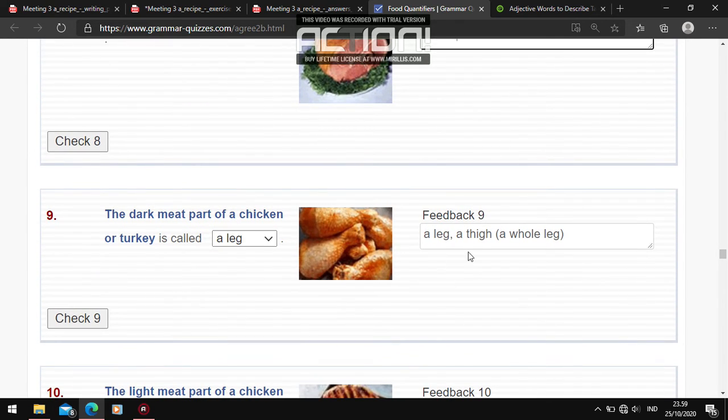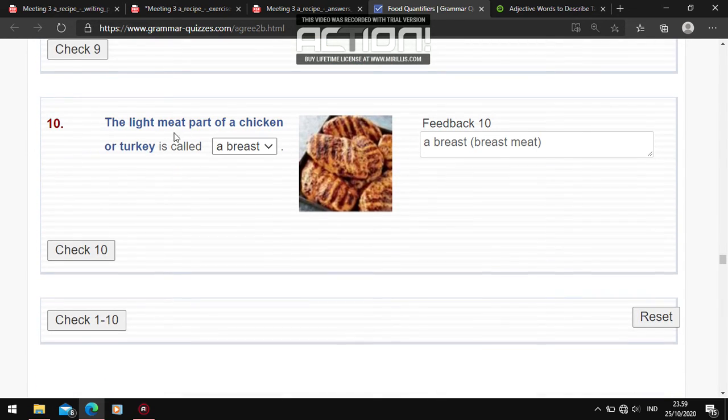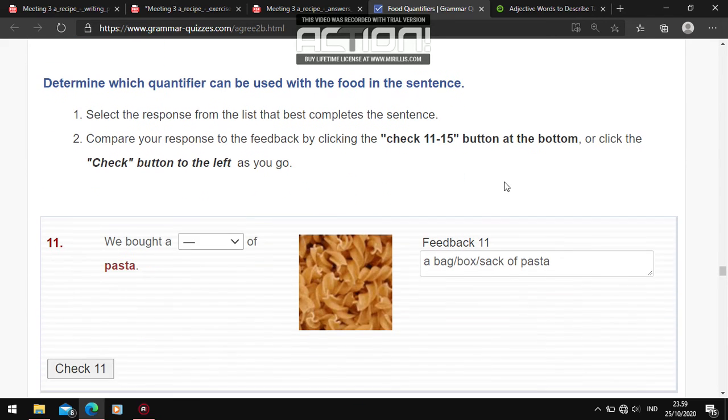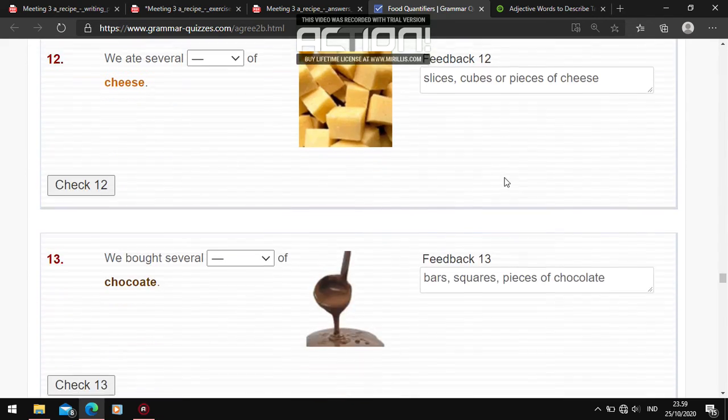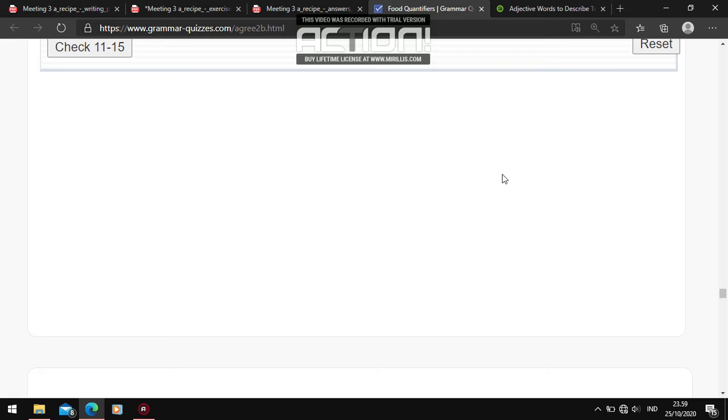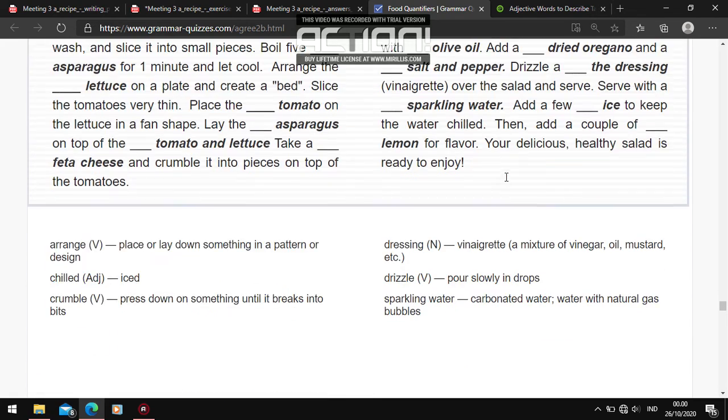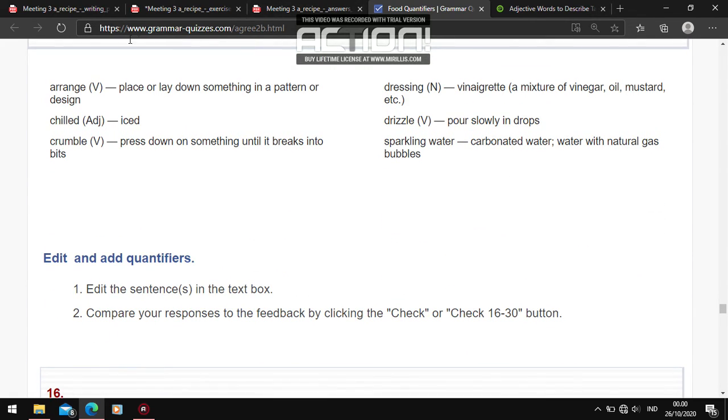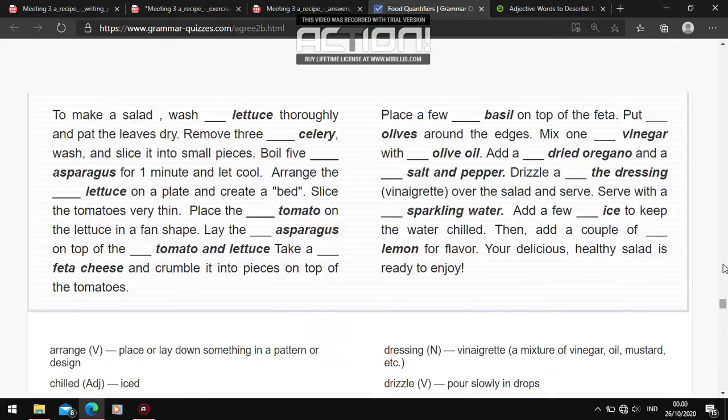And then turkey, okay, the light meat part of a chicken or turkey, the breast meat di bagian dadanya itu ya. So ini juga banyak. There's also a lot of exercises that you can do. So you can go check www.grammars/quizzes.agree2b.html. Okay.